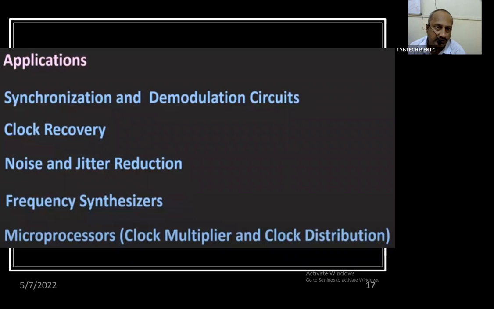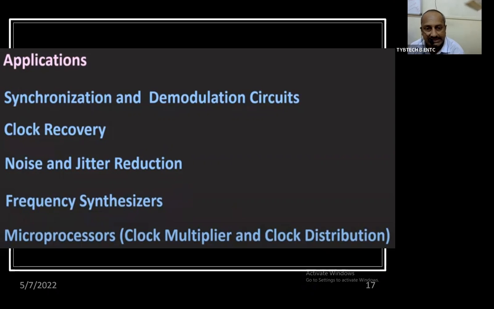Now come to today's agenda, the applications of the PLL. Which are the commonly important applications of the PLL? It is used for synchronization and demodulation circuits, which is the general application. Second, clock recovery. Third, noise and jitter reduction.